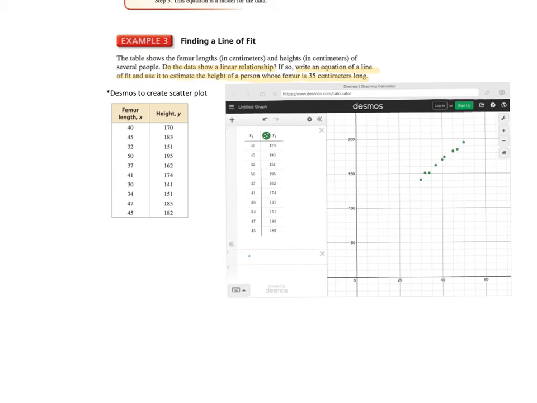And then we're going to type in m, x, and we're going to put in a 1, because we want to refer to our x values, plus b. So plus our b value. Again, go back to the ABC button and find the b. And that gives you a linear regression. This is the line of best fit, not just a line of fit.